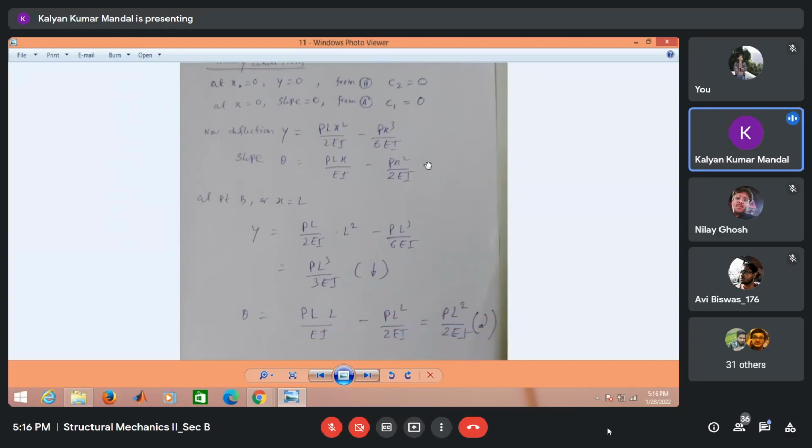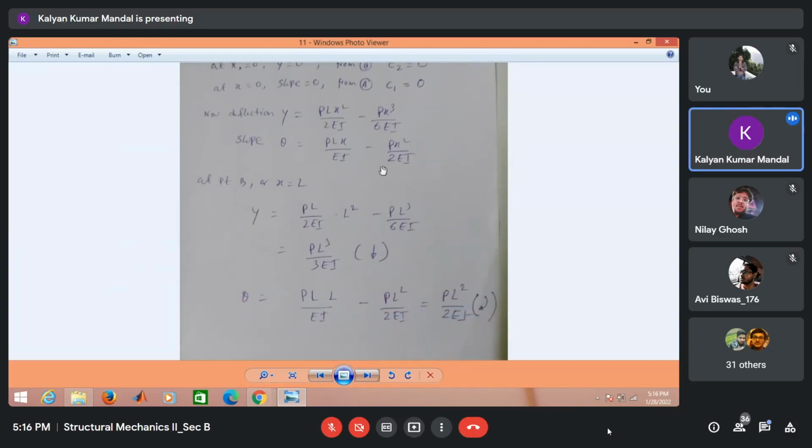Now at the tip of the cantilever beam, that is at point B or at x equal to L, put x equal to L in this expression.